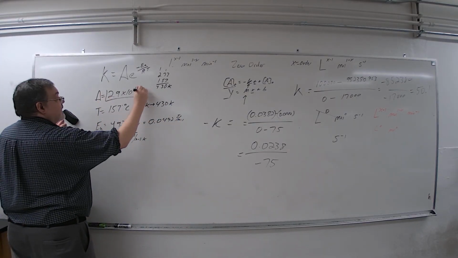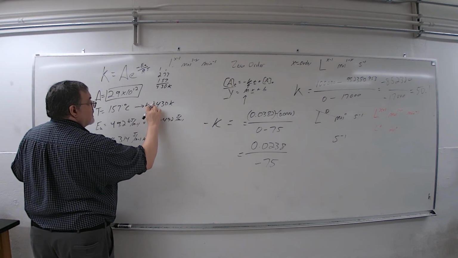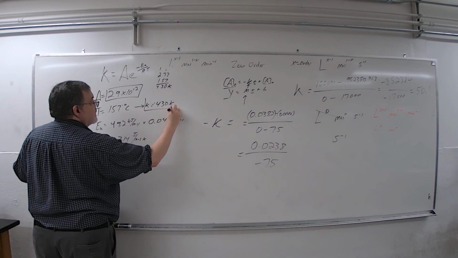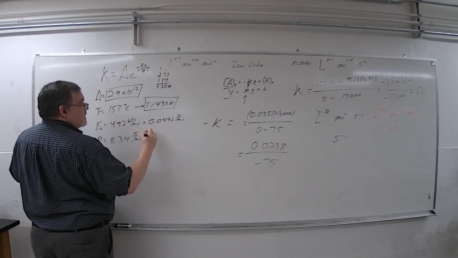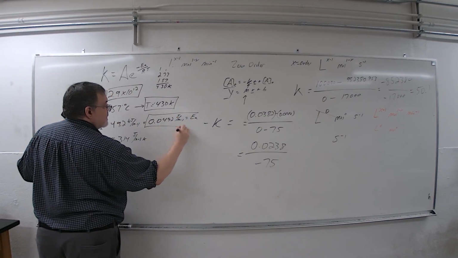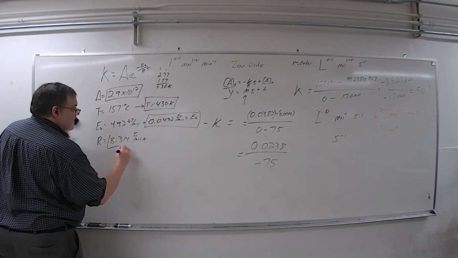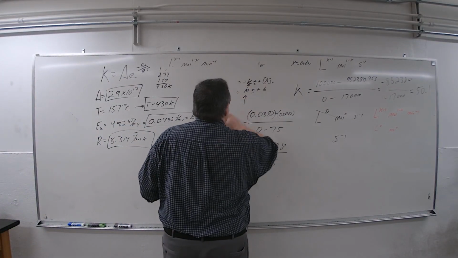Alright, so we're using A, using this for K. Should say T, that for the temperature. This is the activation energy. And this is R, I'll give you that constant. Alright. Let's see if I can do this.